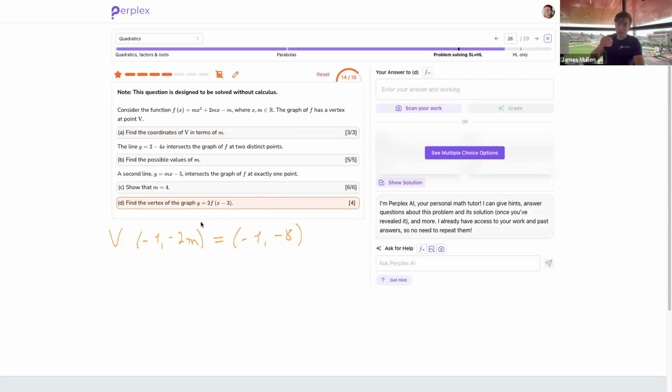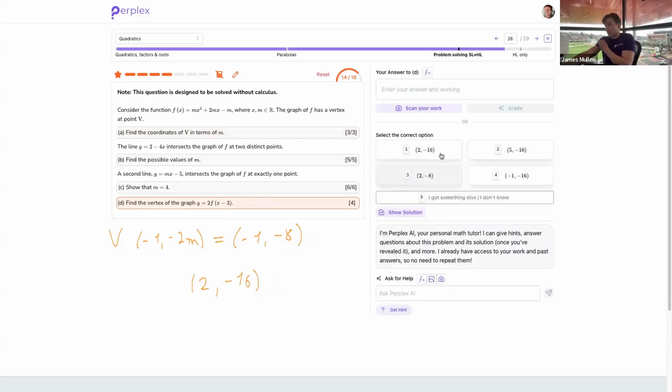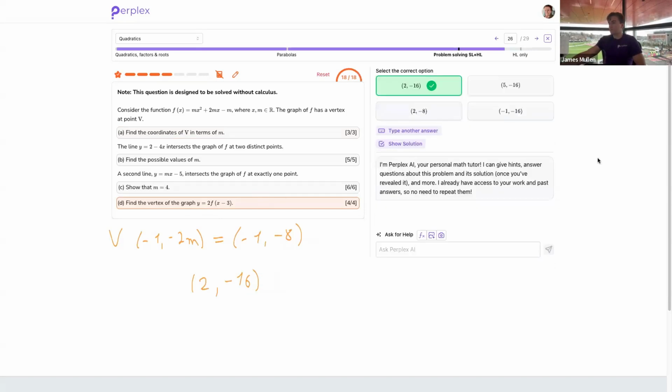So I'm going to shift the vertex. I'm going to do -1 plus 3, it's going to become 2. And then I'm going to multiply by 2, so the -8 is going to become -16. Okay, so that is the vertex, (2, -16).